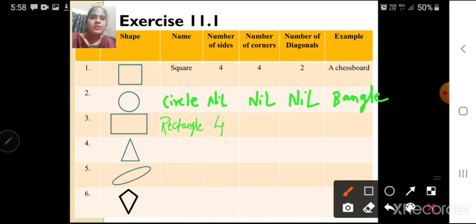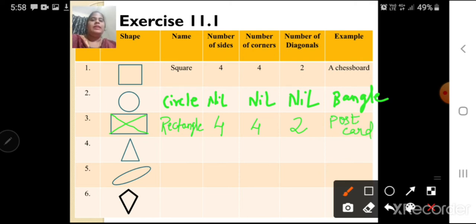Number of corners, again 4. Number of diagonals, you can just check. Yes, there are opposite corners, we can just join them, correct? This is one diagonal, this is one more diagonal, so there are two diagonals. An example: rectangle also can have so many examples. We can write as one example, a postcard.